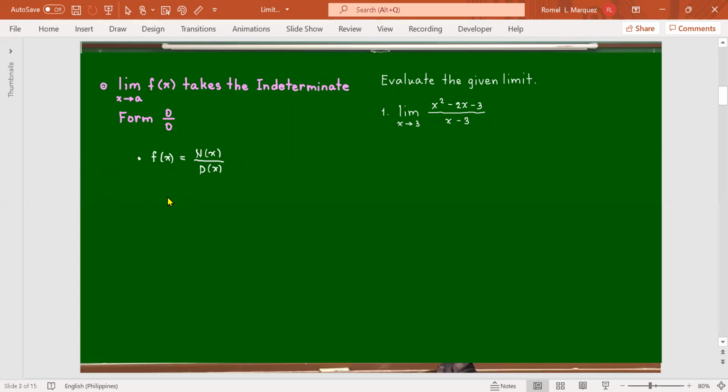You try to factor the numerator, factor the denominator if you have polynomials in the numerator and denominator, okay?